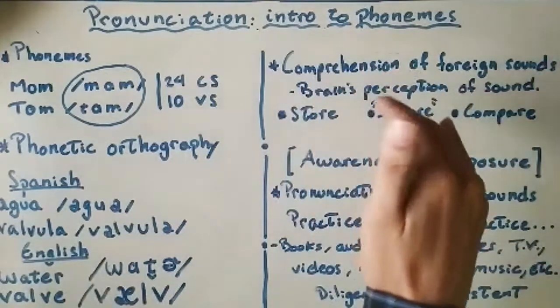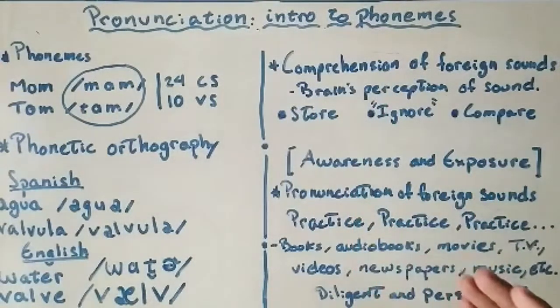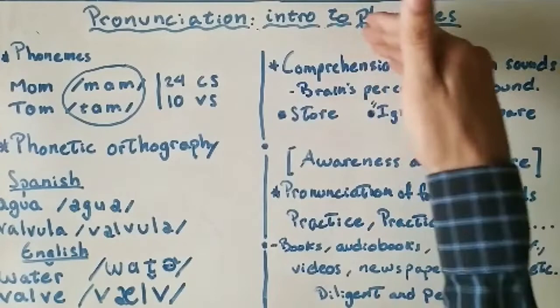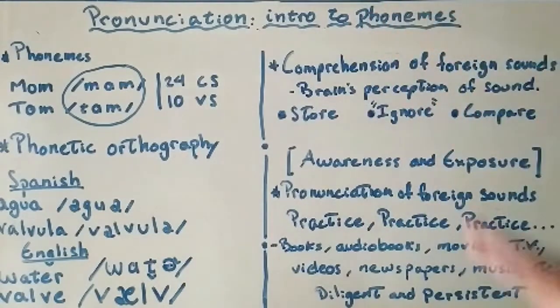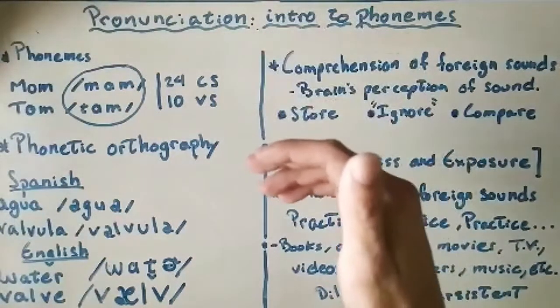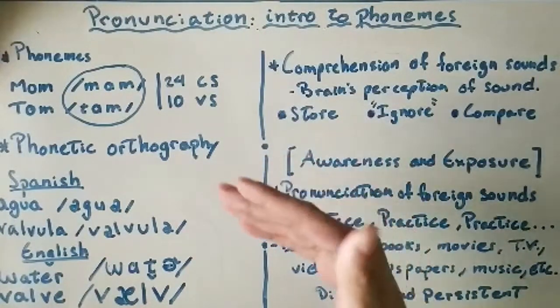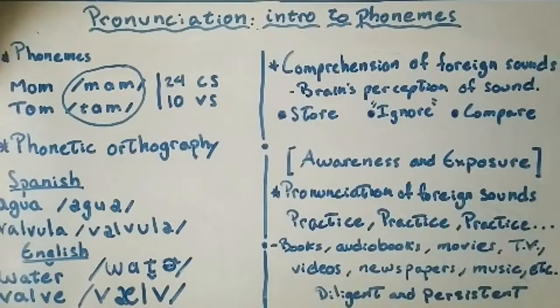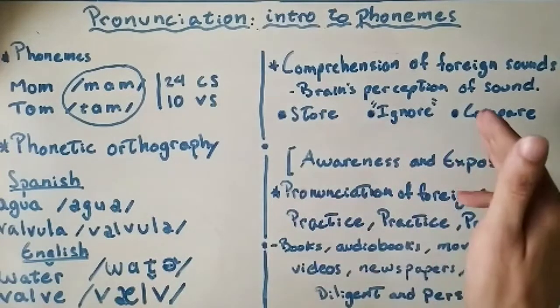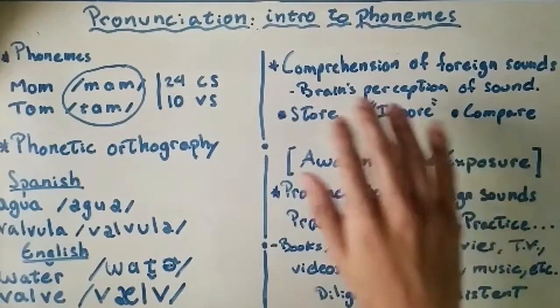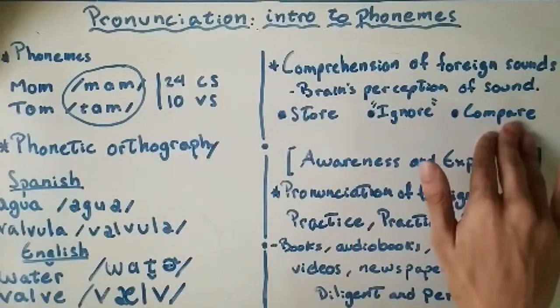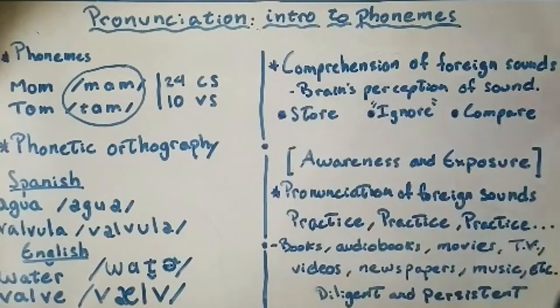So why is this an obstacle, you may be asking? Well, as you can see here, we're talking about foreign sounds. So what happens when your brain hears a sound that it hasn't heard before? It also ignores this new sound and compares it to a sound that you obviously have.